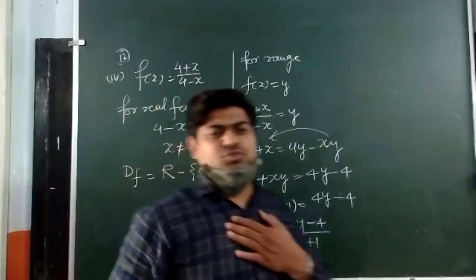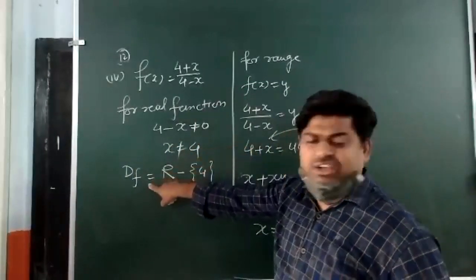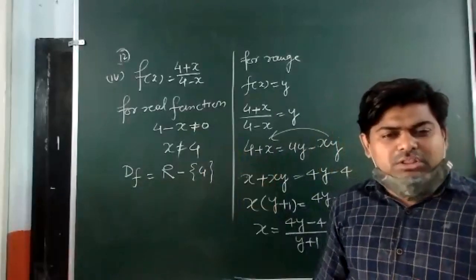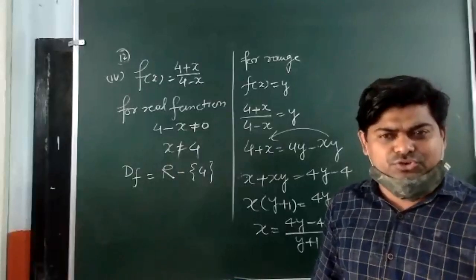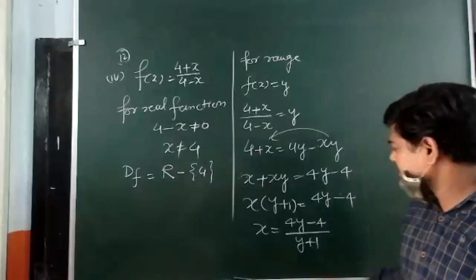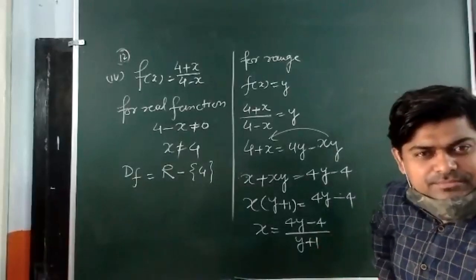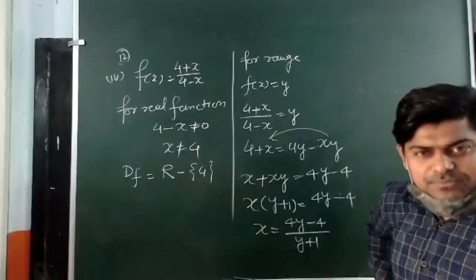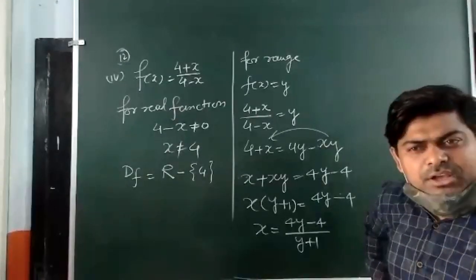Now I am asking you, as we have got x is a real number except 4, all the real numbers will be the domain for x except x equal to 4. Now tell me, if I take y is equal to minus 1, will x be real?